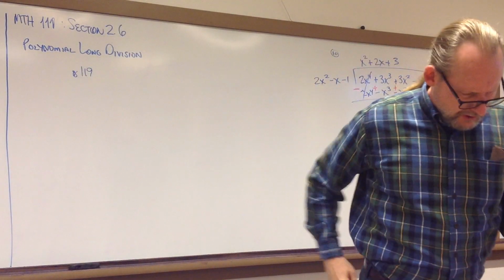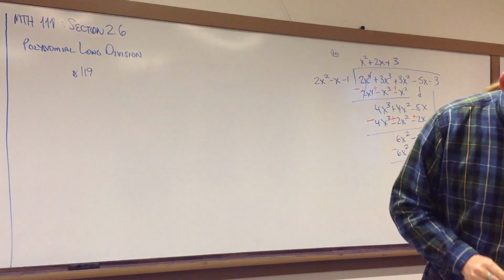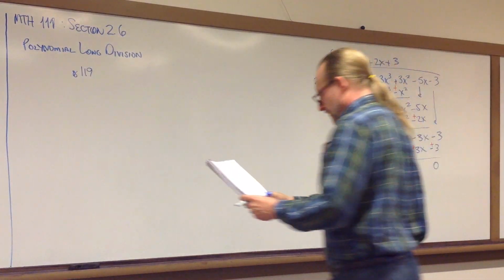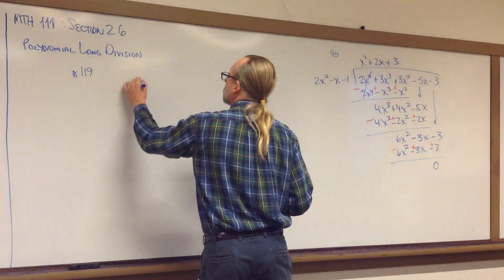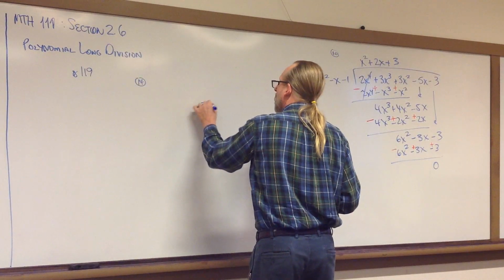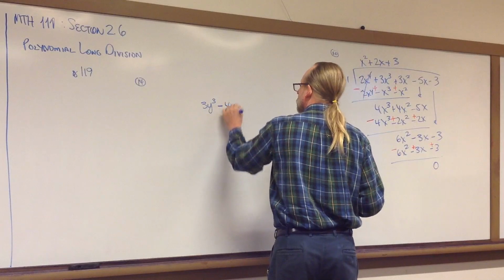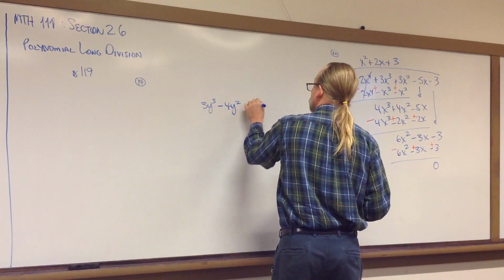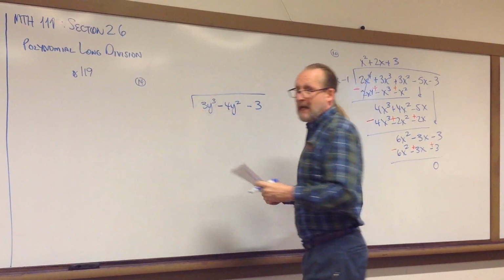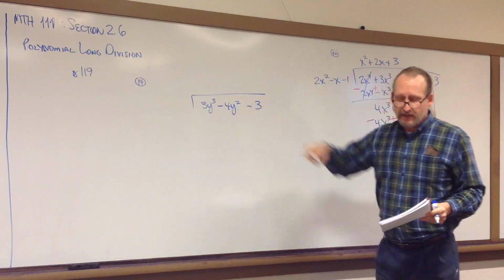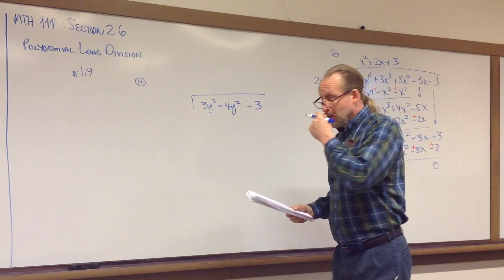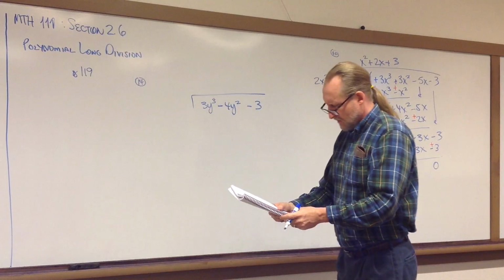So problem 14, we start out with 3y to the 3rd minus 4y squared minus 3. So notice that there's a power of y missing. We're missing the y to the first power. And that's fine, but we just have to be careful when we're doing the long division.